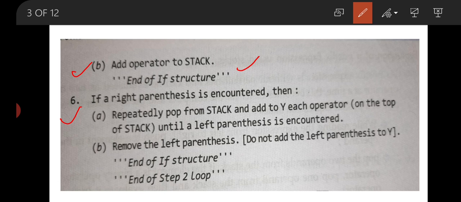If a right parenthesis is encountered, then 6a is repeatedly pop from stack and add to y each operator on the top of stack until a left parenthesis is encountered. Wherever we find a right parenthesis, we will pop all the operators from the top of the stack and add them to y. We keep popping until and unless we find the left parenthesis.